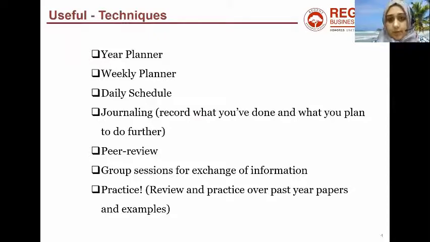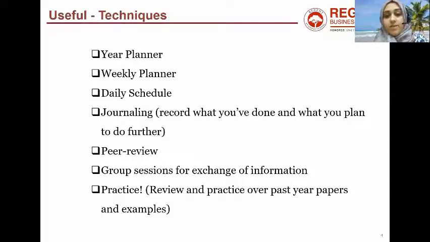Peer review is another useful technique. Peer review is making use of your friends, your mentors, people around you. It could be in your family, household, to give you advice on whether you're doing something correctly or what are their thoughts and how would they approach a situation. Because remember, this is not for a specific type of learner. This could be across the board.